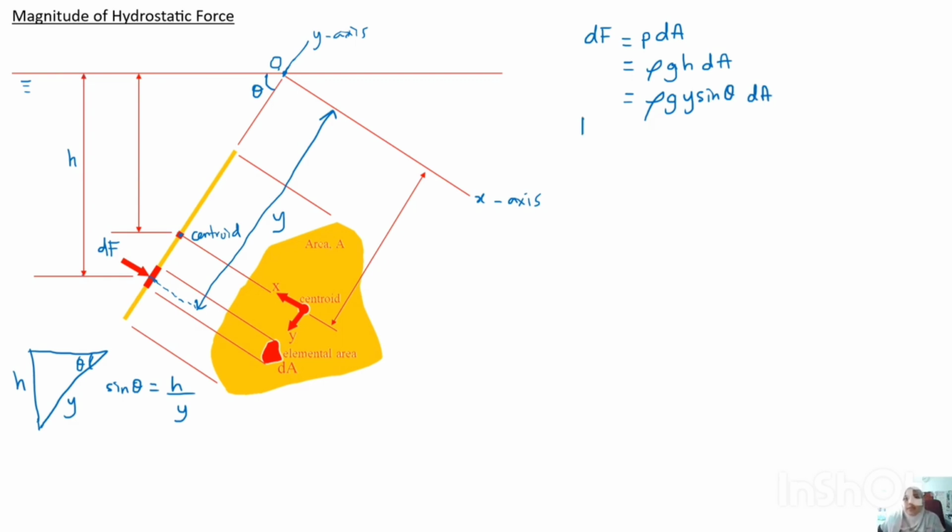Alright, to get F, I integrate both sides. I will get sine theta, I put the constant first, times the integral of y dA.